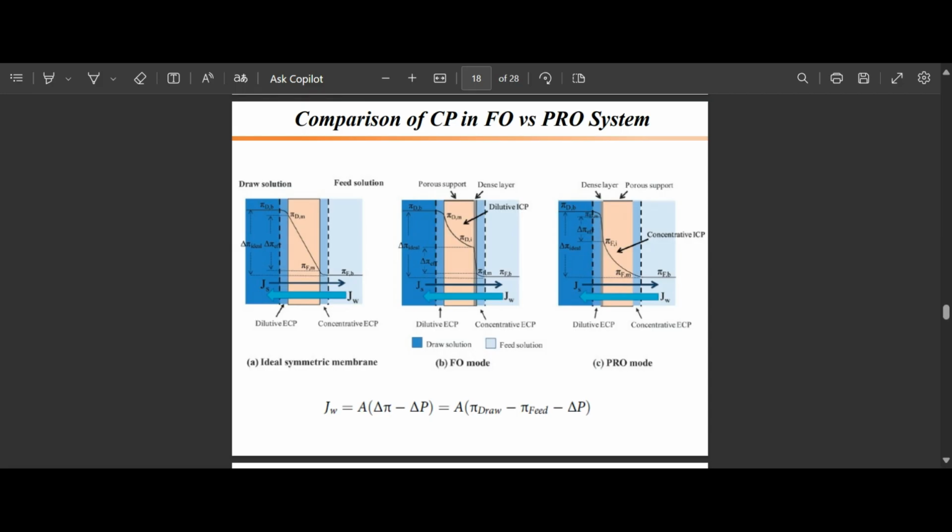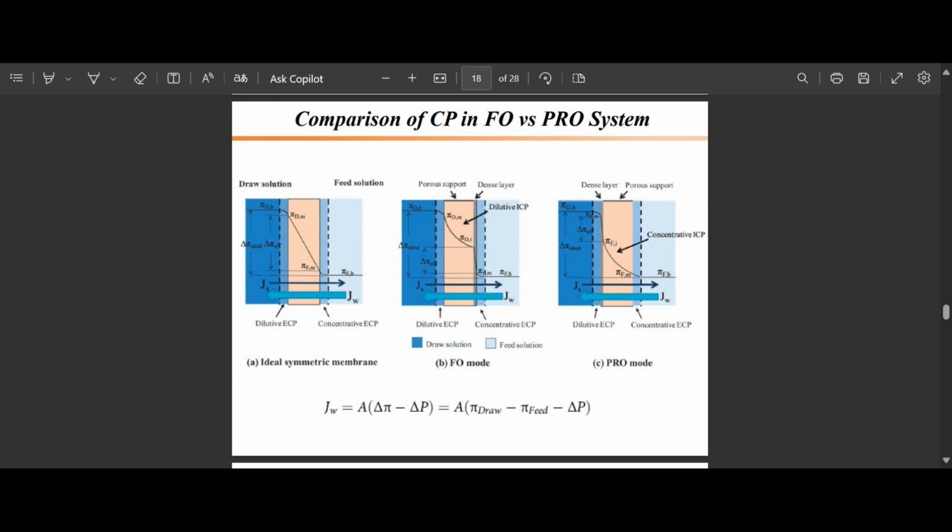What is the big difference between FO and PRO? You said we add what? Pressure. PRO has the difference here. This is FO case. We need to add one more. This is PRO case.